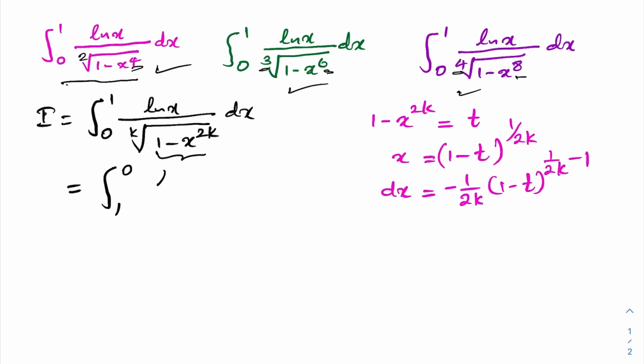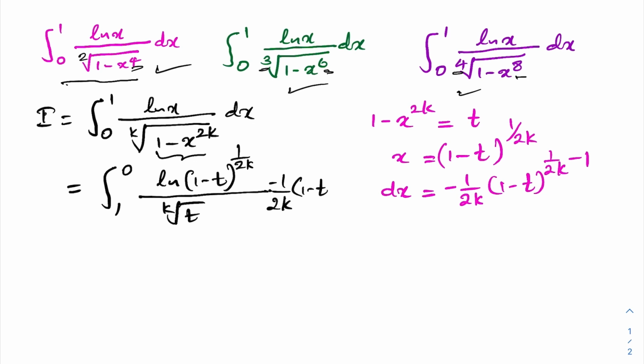Then natural log of x, where x is (1 minus t) raised to the 1 over 2k power, over the kth root of t, and dx is minus 1 over 2k times (1 minus t) raised to the 1 over 2k minus 1, dt. Here I forgot to write dt.